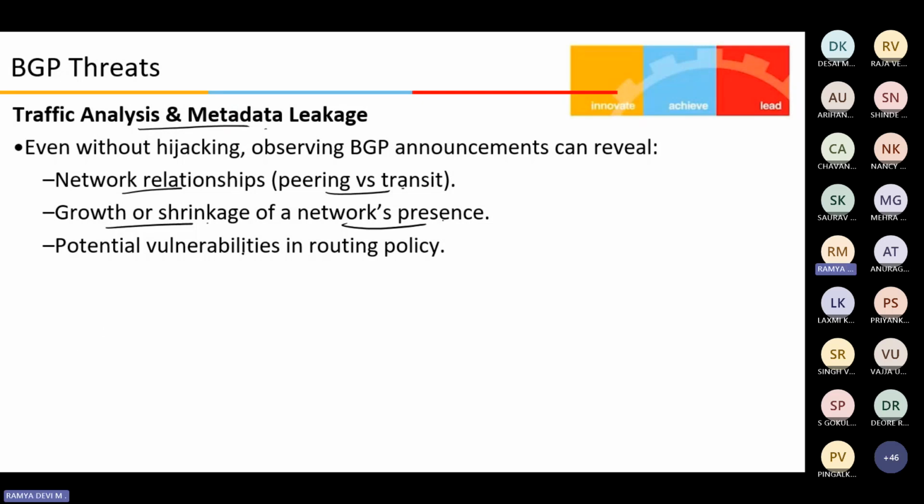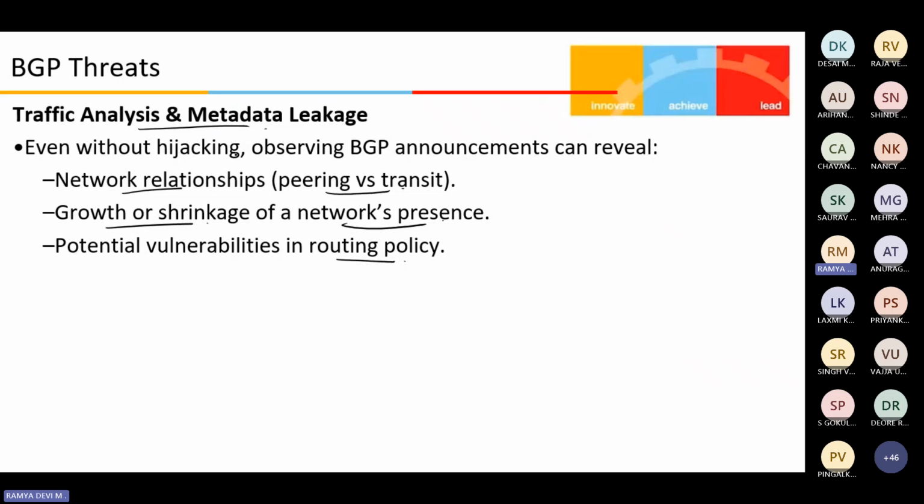There is also weakness in the routing policy that could be exploited to facilitate targeted attacks, and it advertises certain critical infrastructure dependencies.